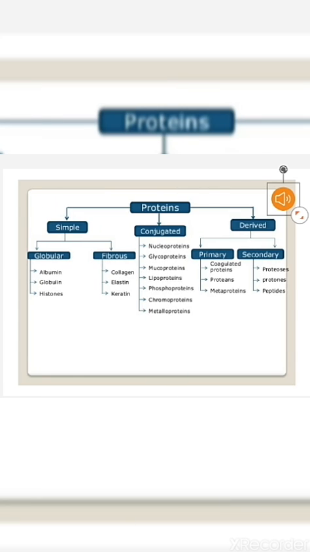Here one more category of protein is there: fibrous protein and globular protein. Fibrous protein means the amino acids are in a linear form. For example, myosin protein in your muscles, fibroin in silk. Globular proteins have tertiary or quaternary structure. They are in a globular form, like fibrin from fibrinogen in your blood.